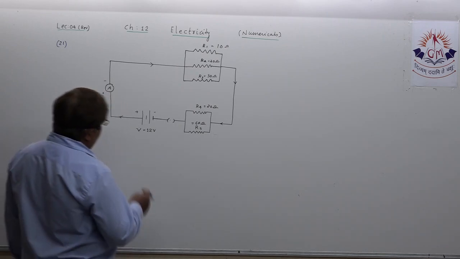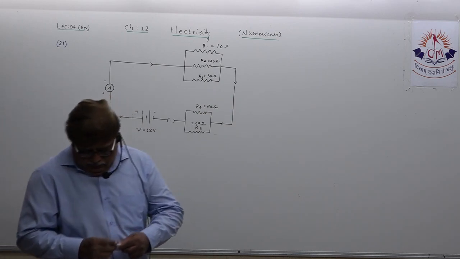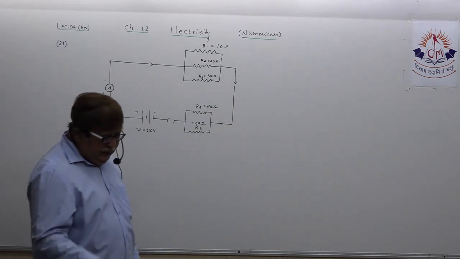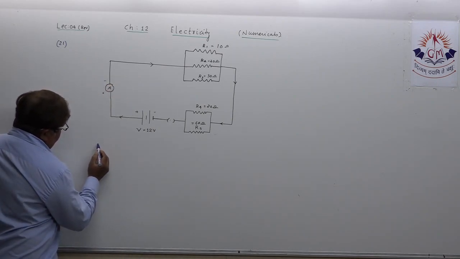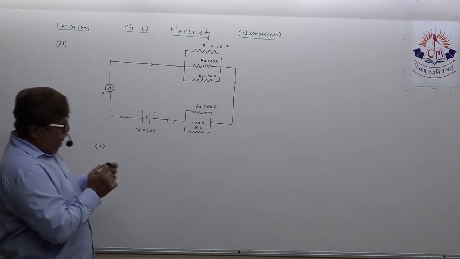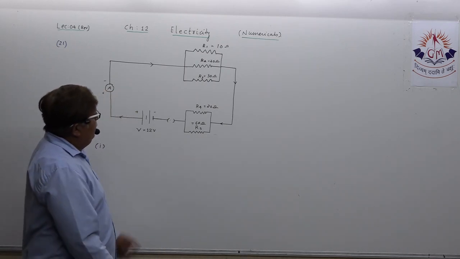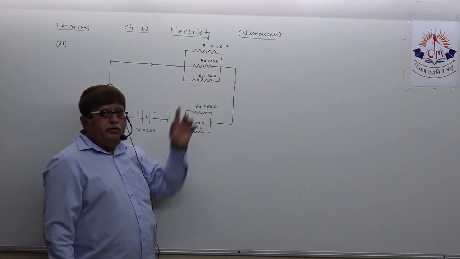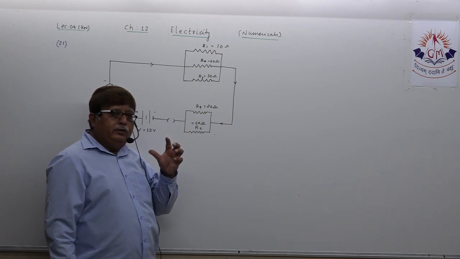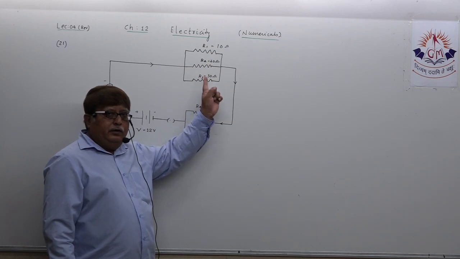Now, dear students, what they have demanded first is to calculate the total resistance of the circuit. Please concentrate. These 3 resistors are already in parallel connection.